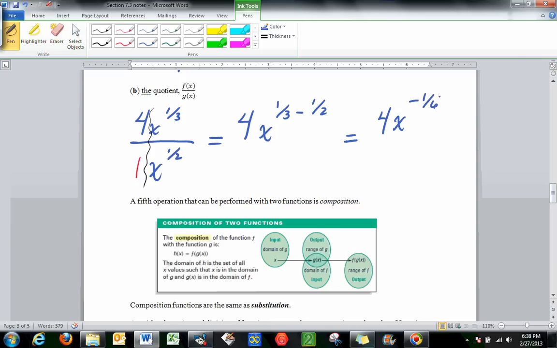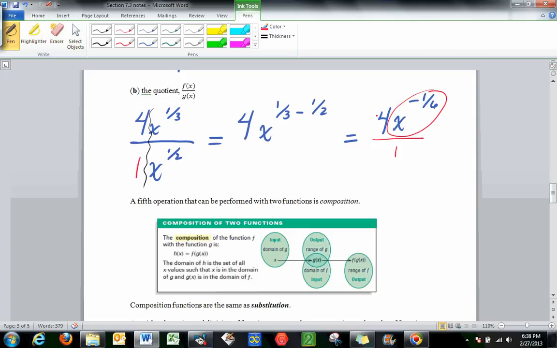Now, if you recall from our exponent properties unit, you cannot have a negative exponent in your answer, so you have to change it around to create a positive. So keep in mind this is understood to be over 1, and we're only dealing with the x value here.